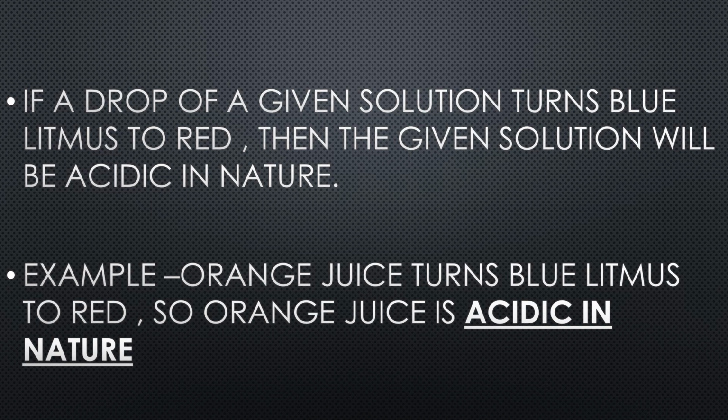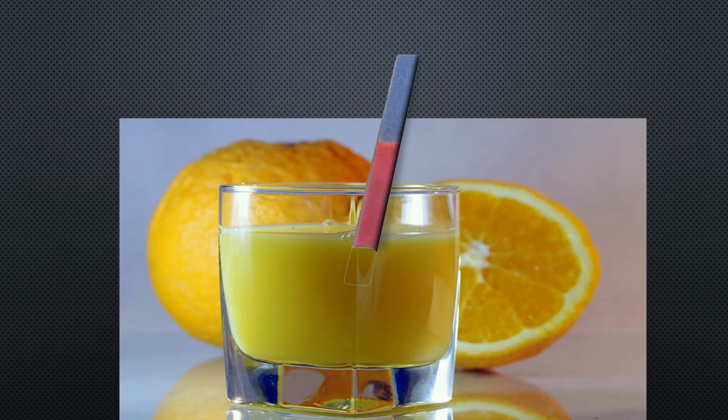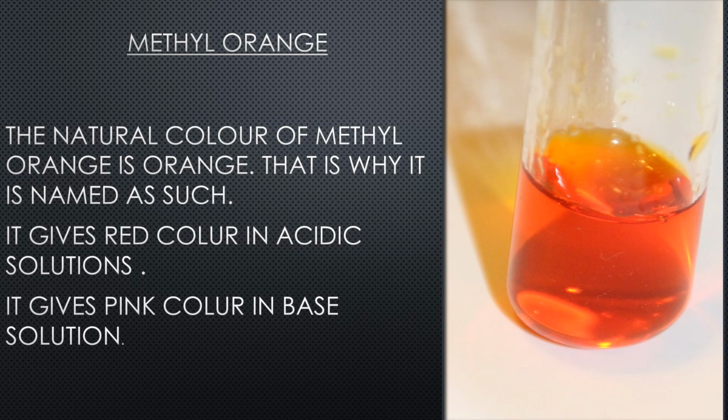Now we will discuss the other indicator, that is methyl orange. The natural color of methyl orange is orange. That is why it is named as such. It gives red color in acidic solutions. It gives pink color in base solutions.